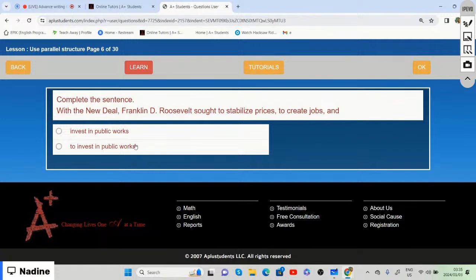So do we say with the New Deal, Franklin D. Roosevelt sought to stabilize prices, create jobs, and invest in public works?